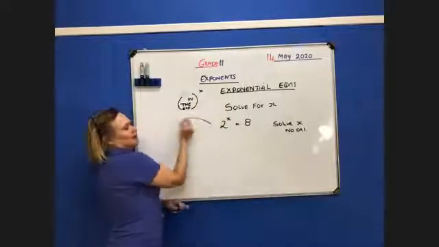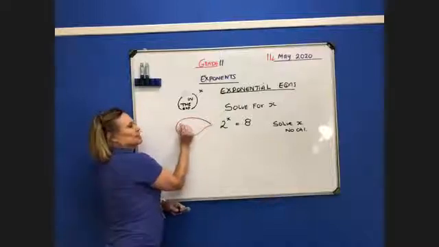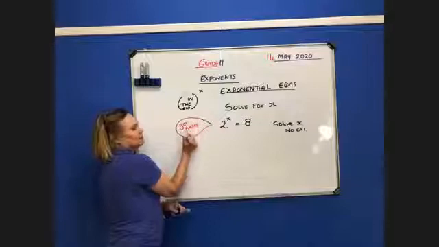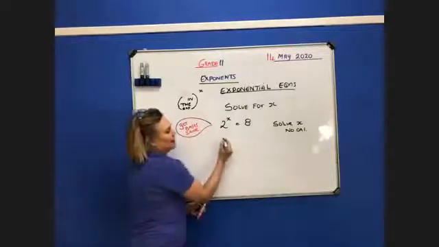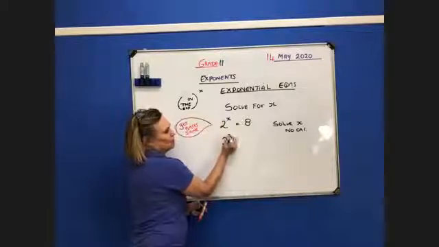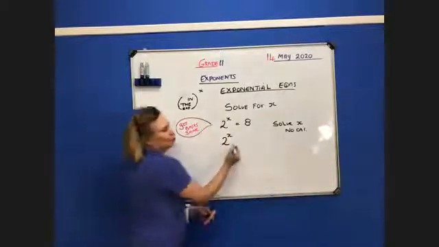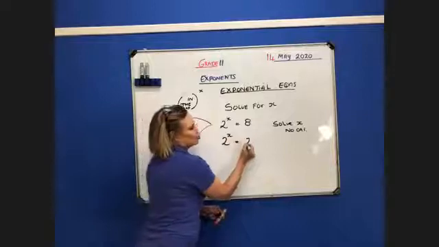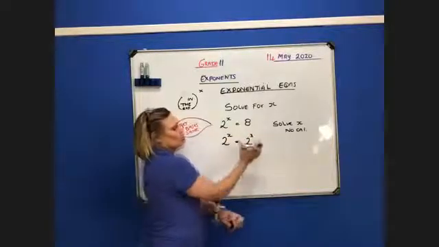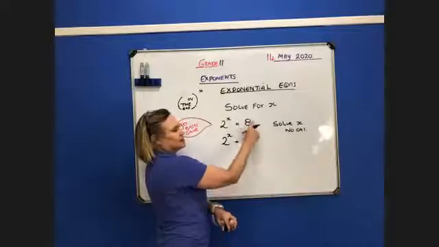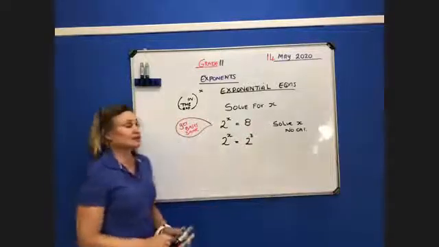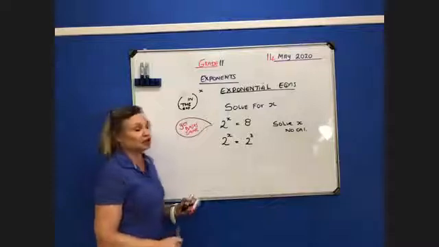Your aim here is to get the bases the same. I'll show you why. So break into prime: 2 to the x, 2 is prime. You all agree 8 is 2 to the 3. So the base 2 to the exponent of 3, that is 8. Now we have a very fancy rule with exponential equations.